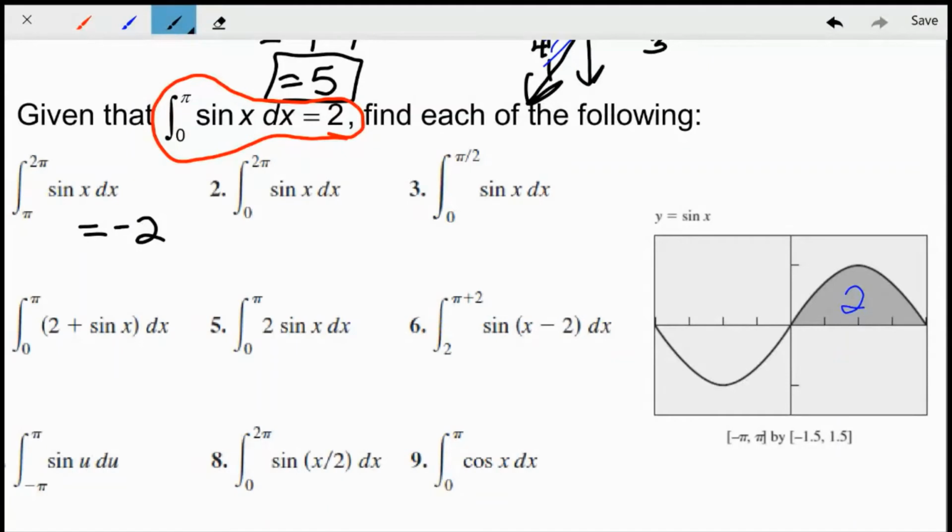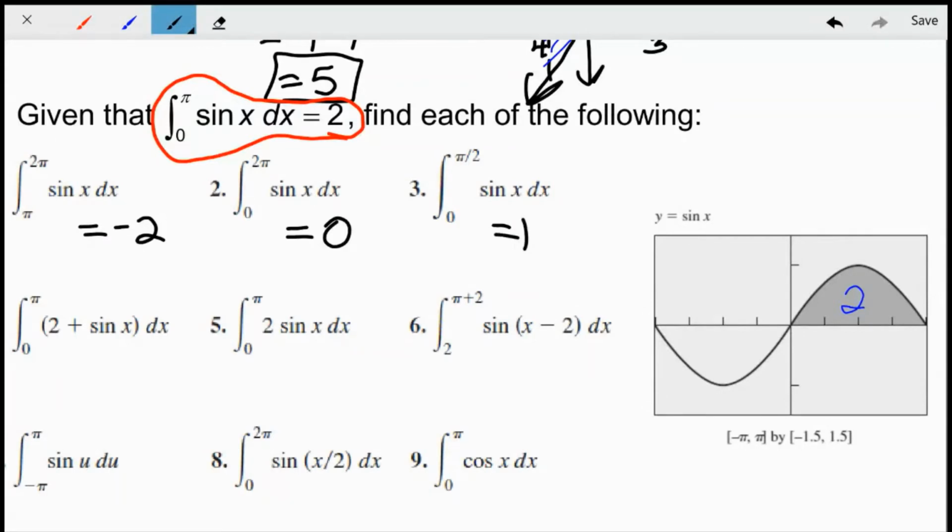I would have that area below, from pi to 2 pi, that would have an area of 2, but I would treat it as -2 from an integral perspective. So the net result of this would be 0. If I were to go from 0 to pi over 2, pi over 2 is essentially right there. So I'm looking at half of that region that's shaded, which would just be equal to 1.